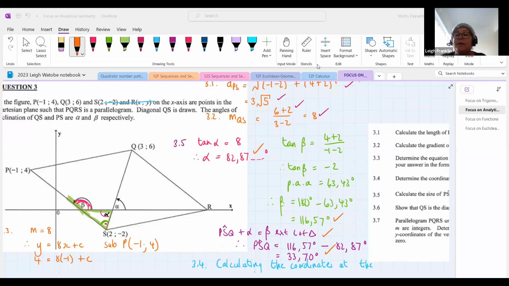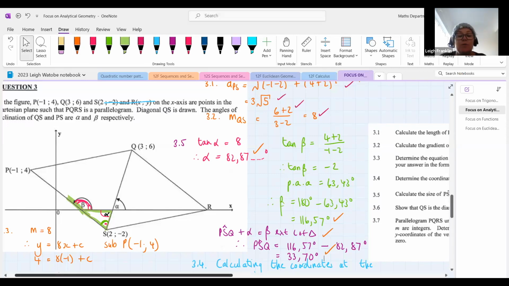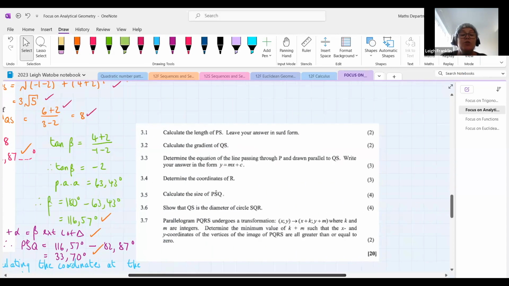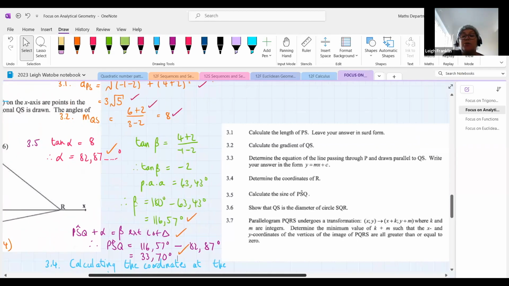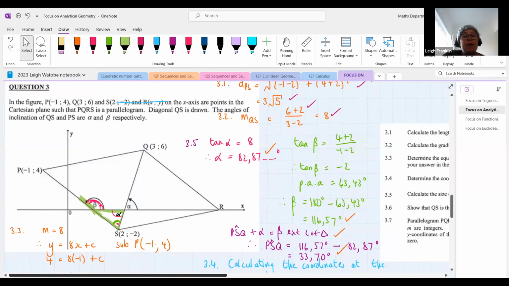Now let's go and have a look at the next thing they want us to do. They want us to show that QS is the diameter of circle SQR. So let's go back and have a look at the question. Show that QS is the diameter of the circle through S, Q and R. Well, what does that mean?